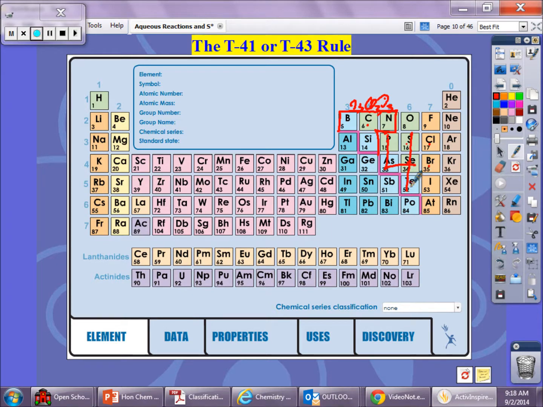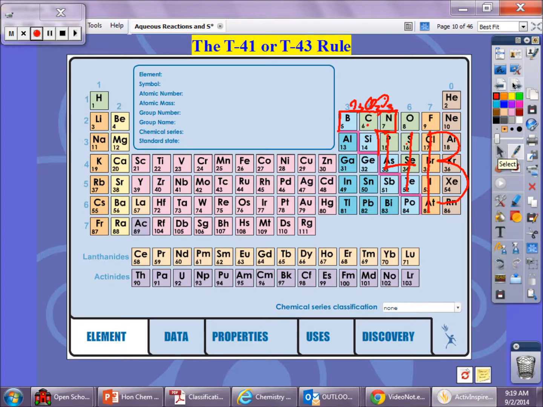This is -2 since it is under the 2's. And then we have a 1 here, or you can form a 3. It can be a 1 or a 3. Those have 3 oxygen, and the charges are -1, -1, -1: ClO3 minus, BrO3 minus, IO3 minus. So this is the T41 or T43 rules for the polyatomic ions.